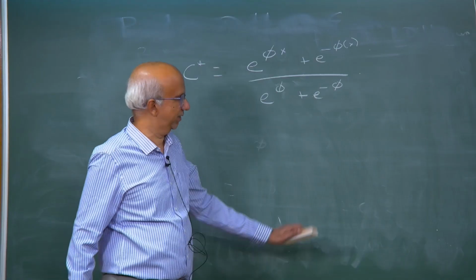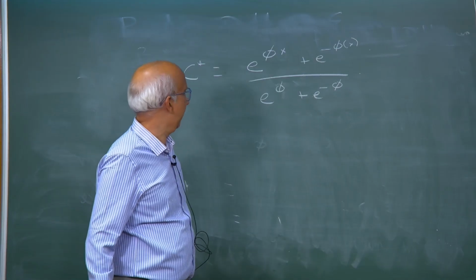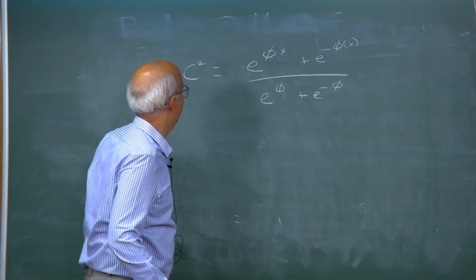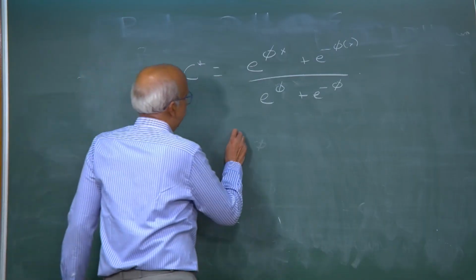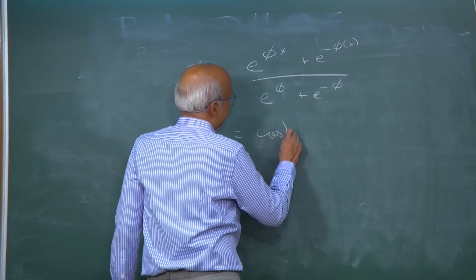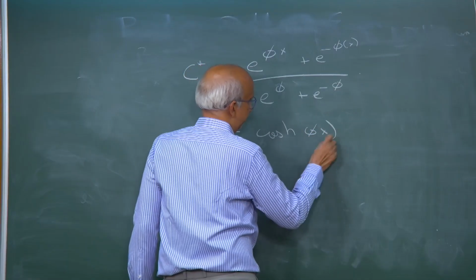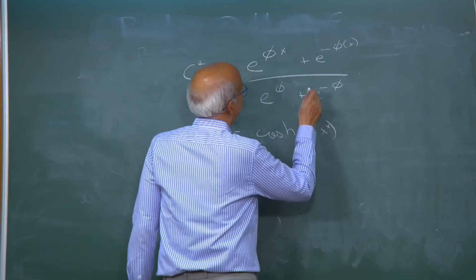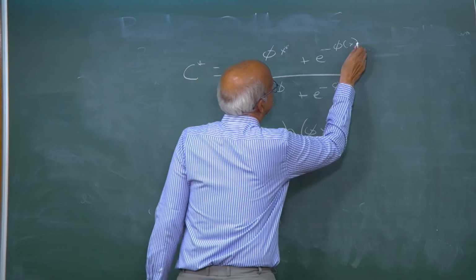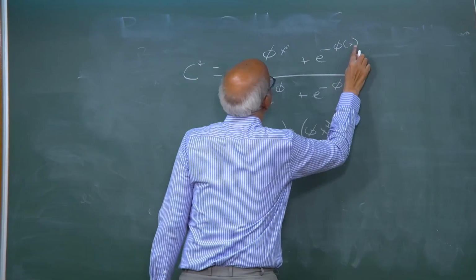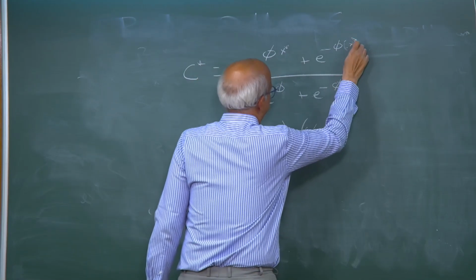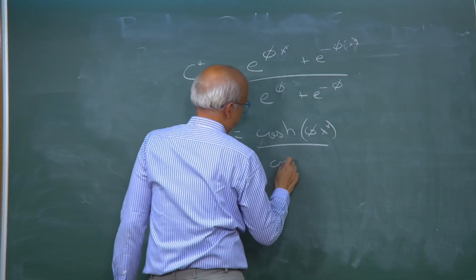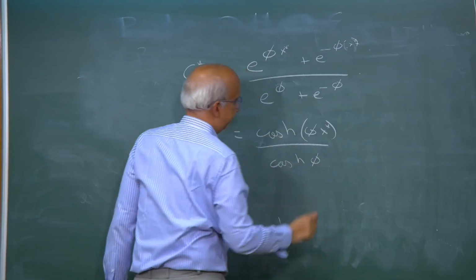I have just found the constants, and for those of you who are comfortable with hyperbolic functions, this can be written as cos hyperbolic phi x star divided by cos hyperbolic phi.